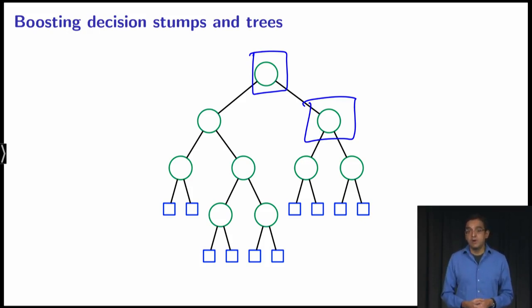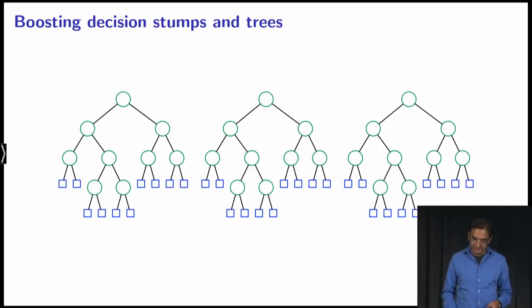Another popular option is to boost entire decision trees. Okay? So here, each weak classifier is a full decision tree, and we use boosting to generate a whole collection of these trees, what is sometimes called a forest. Next time, we'll develop this notion of a forest further.